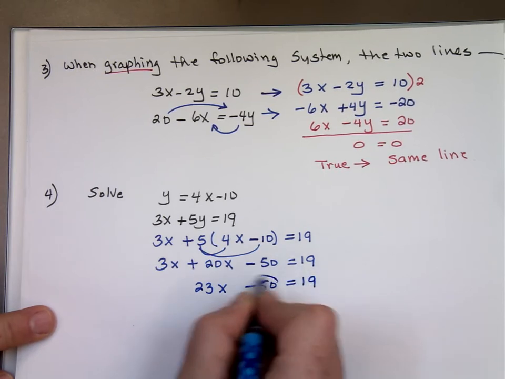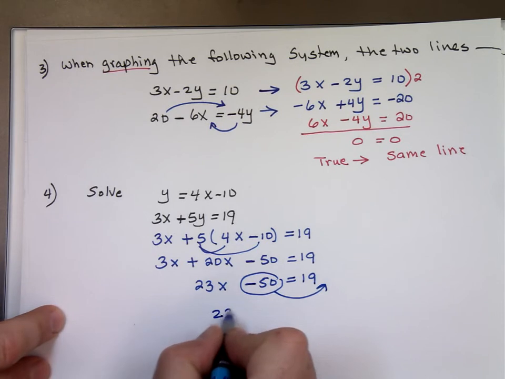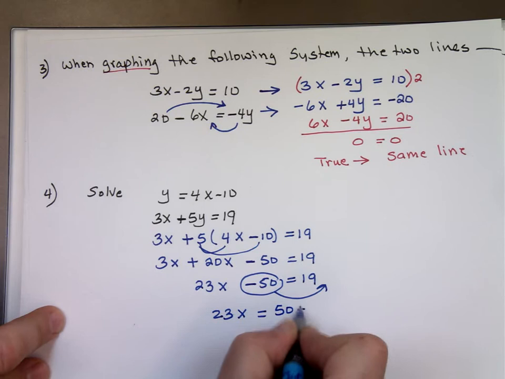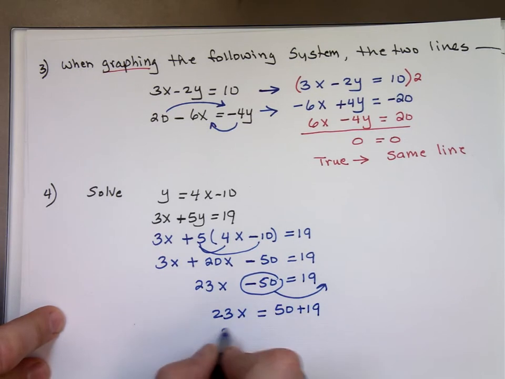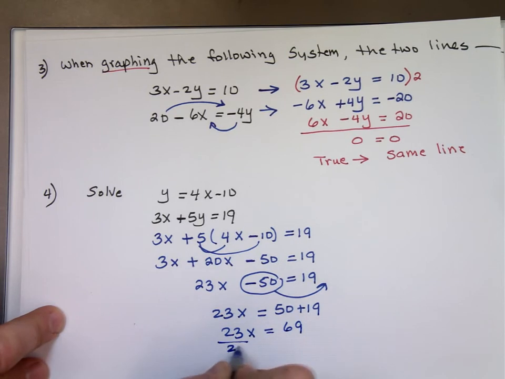Take the negative 50 to that side, becomes a plus 50. 23x equals 50 plus 19, which is what, 69? X will be what? I got to divide by 23 to make it a 1.